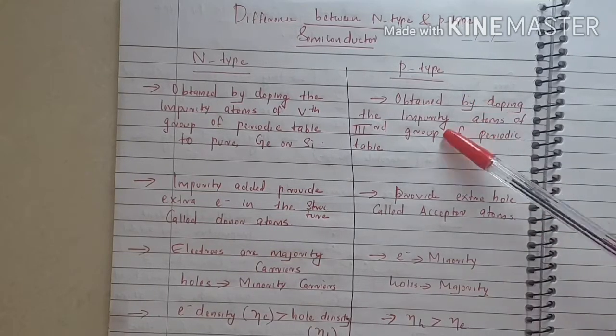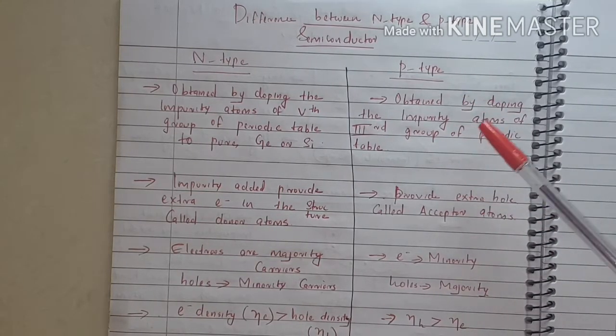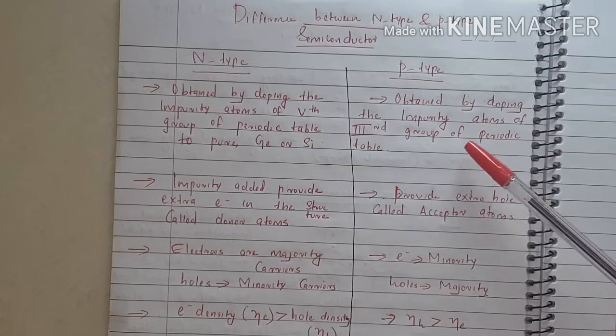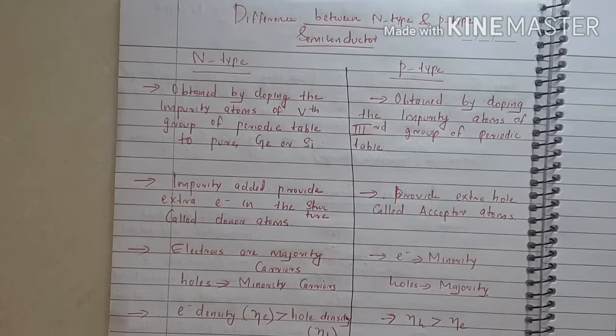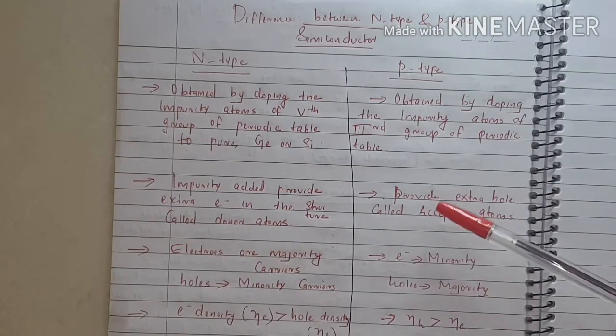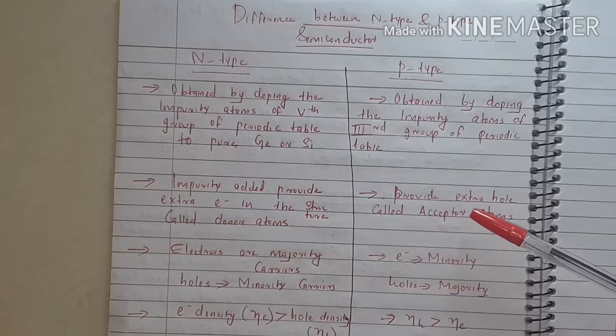And P-types are obtained by doping impurity atoms of the third group of the periodic table to the intrinsic structure. Second point: in N-type, the impurity added always provides extra electrons in the structure, called donor atoms, and in P-type they always provide extra holes, called acceptor atoms.